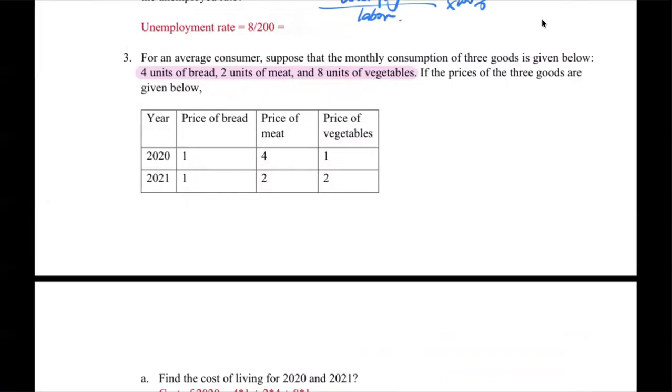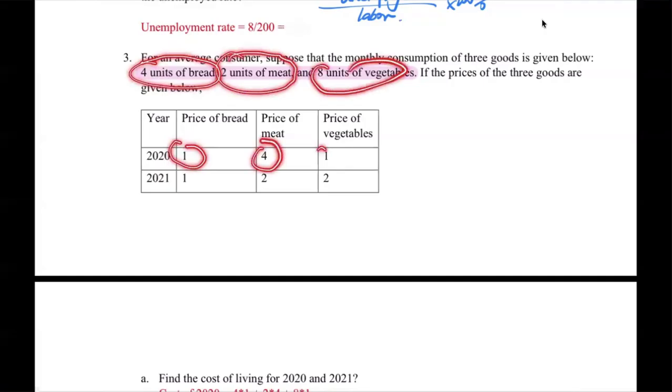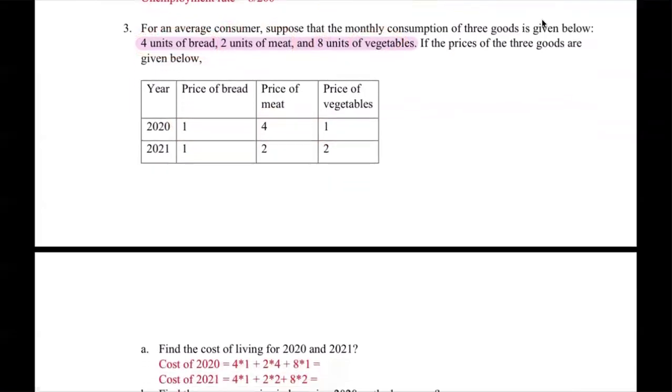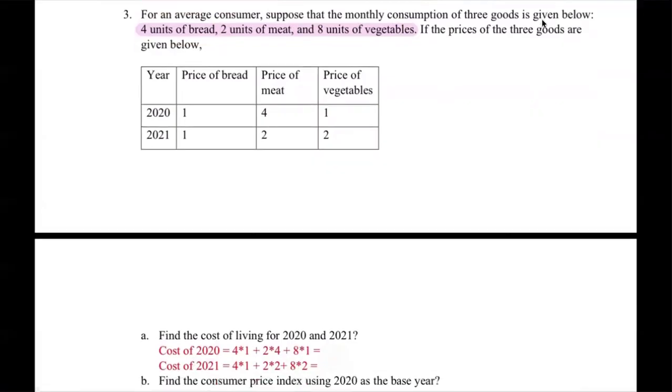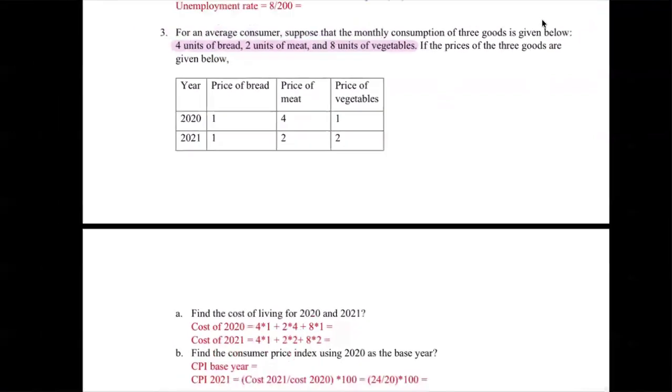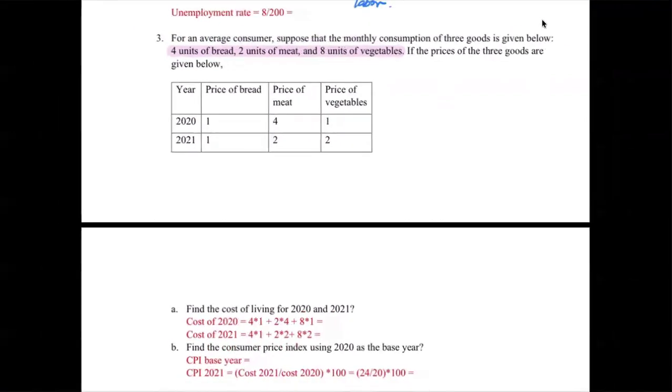To calculate the cost of living for 2020, just use the quantity of bread times the price of bread, plus the quantity of meat times the price of meat, quantity times price, and then sum it up. You can get the cost of living for 2020. And in 2021, same logic, right?